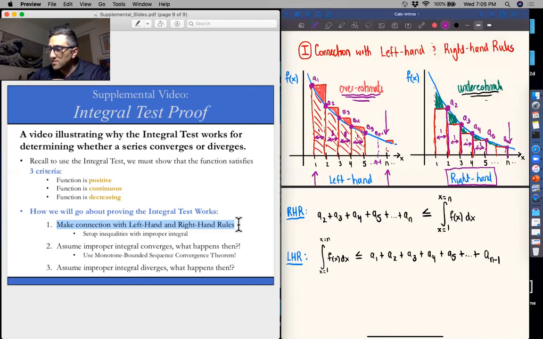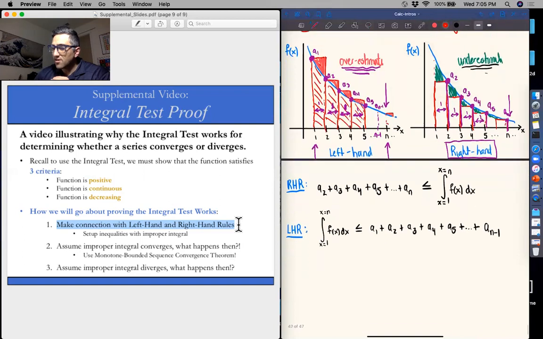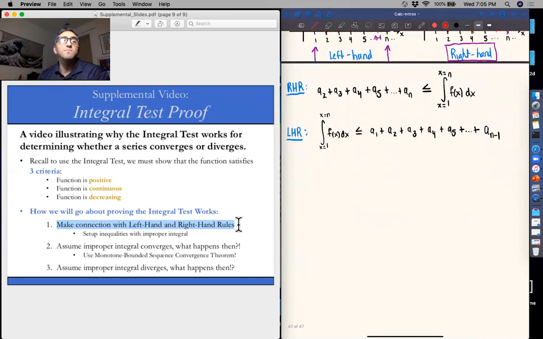And this brings us to step 2, where we're going to start assuming something about these improper integrals, whether it converges or diverges, and seeing the consequence of that assumption on the infinite series that we're considering. So the first case we're going to consider is what happens when the improper integral converges.